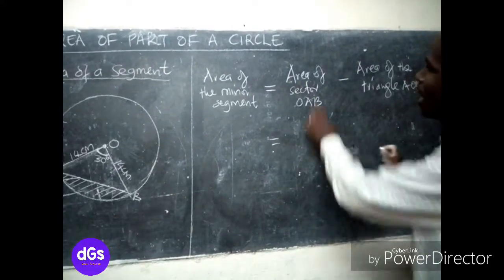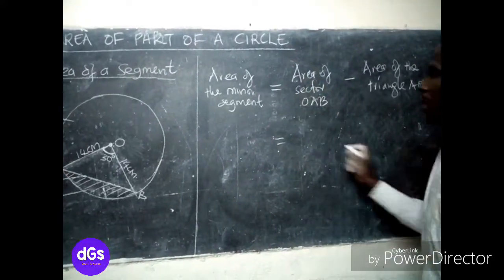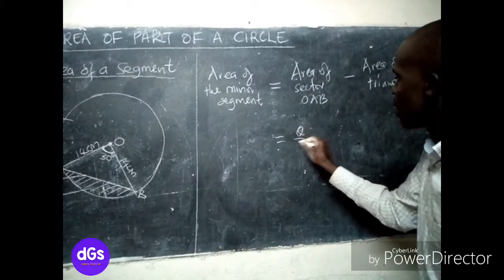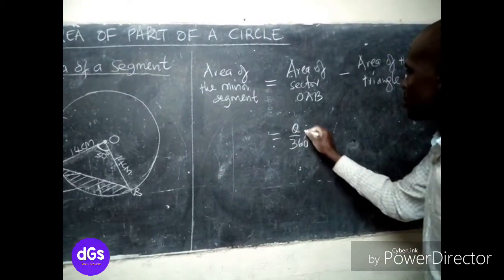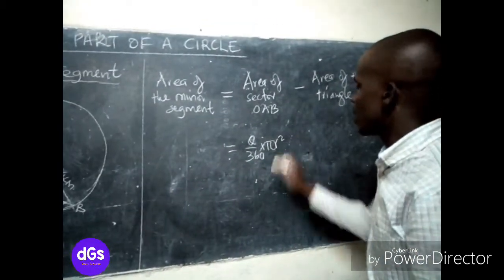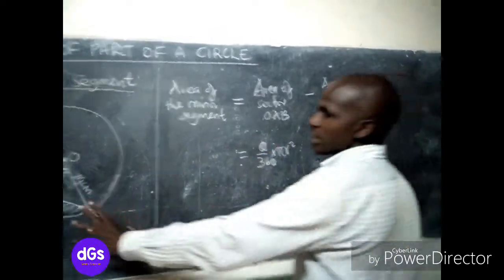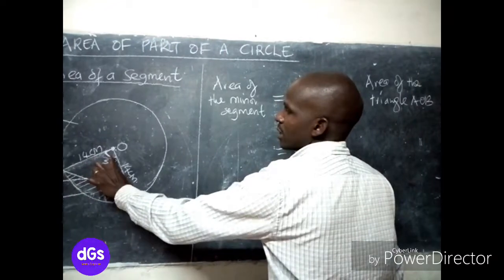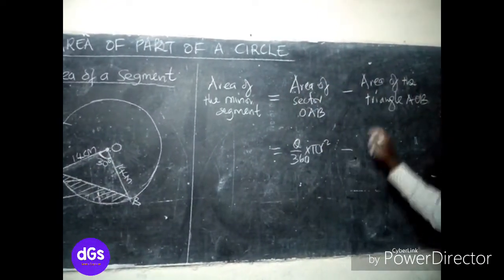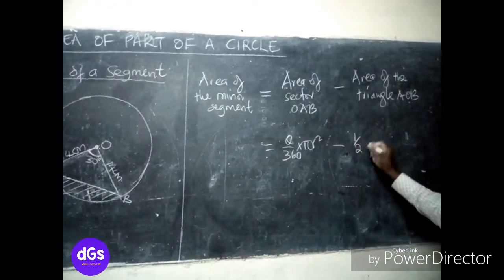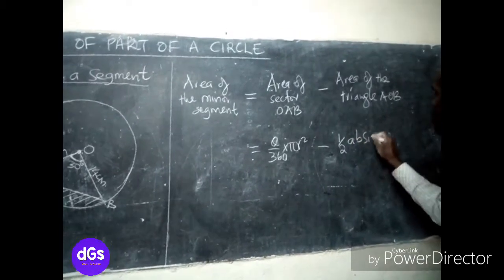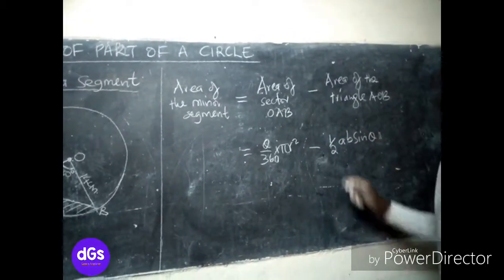The area of the sector, we know the formula already, shall be theta over 360 times pi r squared, where theta is the angle which the sector subtends at the center. Then minus the area of the triangle, which is half ab sine theta.